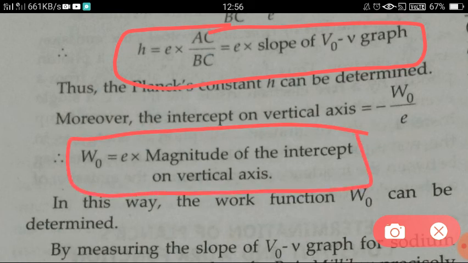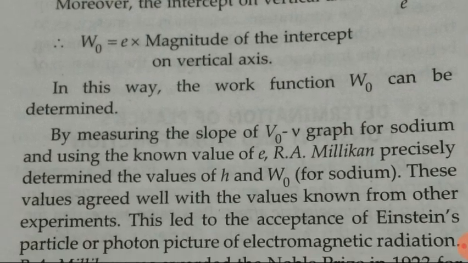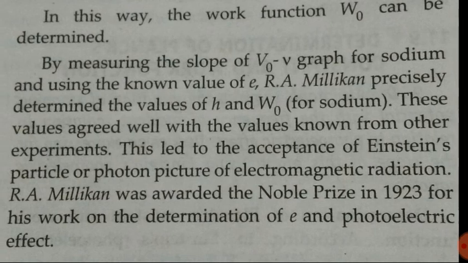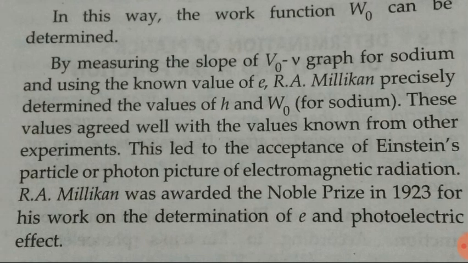Planck's constant and work function both have been determined. By measuring the slope of the potential frequency graph for sodium and using the known value of electron charge e, R. A. Millikan precisely determined the values of h and W naught for sodium.